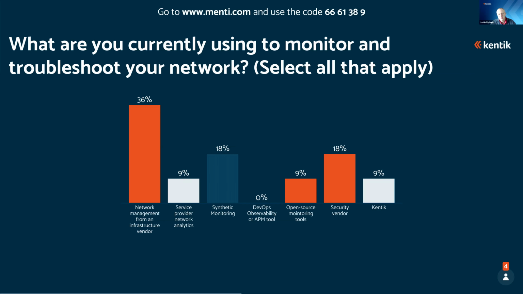These are products that hardware manufacturers of routers, switches and firewalls offer to manage those products. It seems like that's by and large the majority of what people are using, with some others mixed in with synthetic monitoring and products from security vendors; SIEMs and things like that, I would imagine, fall into that bucket.